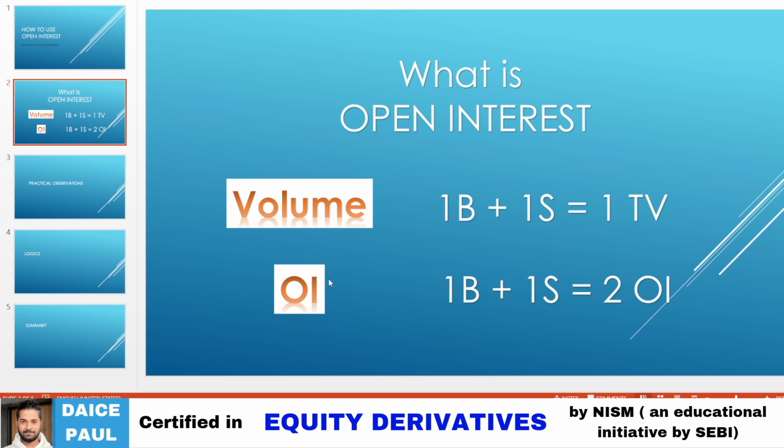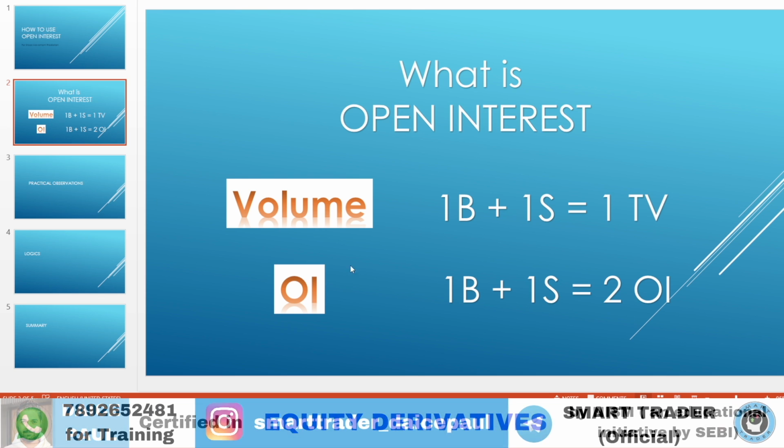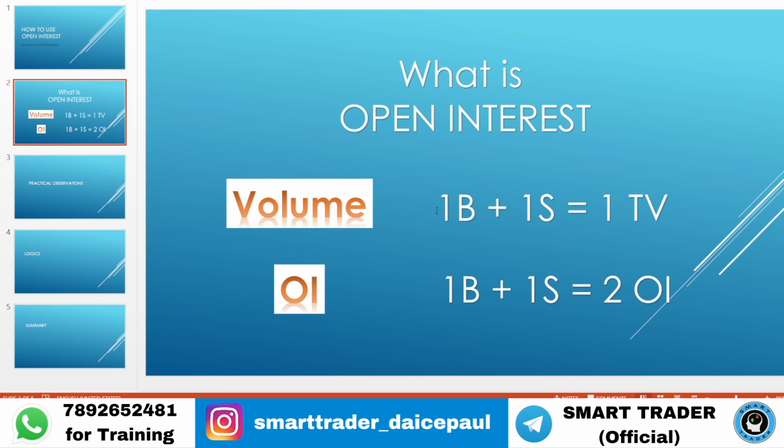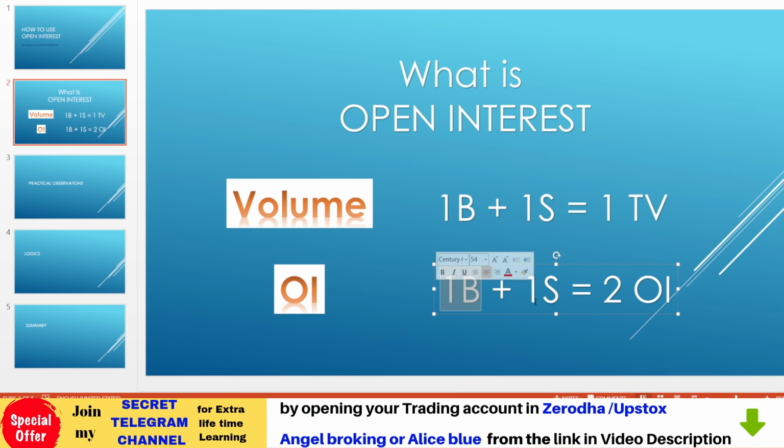In derivatives we buy contracts. It's not that we are buying a stock, we are buying a contract. Let's say one person buys one contract, and one person sells one contract, we call it two open interest. It's not like traded volume, it's a contract, because his contract is open. The buyer's contract is open, and the seller's contract is open.